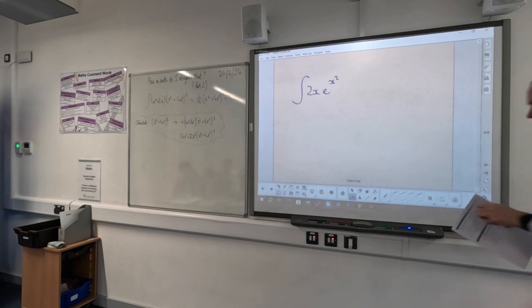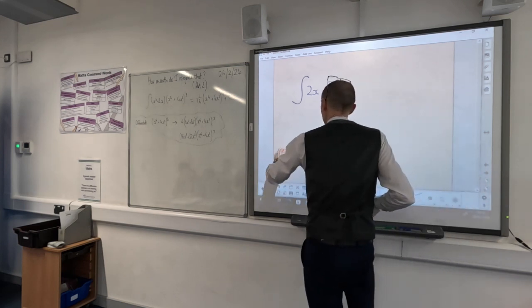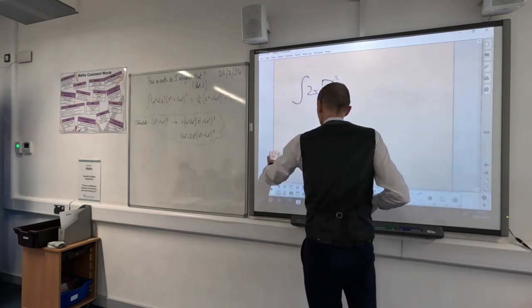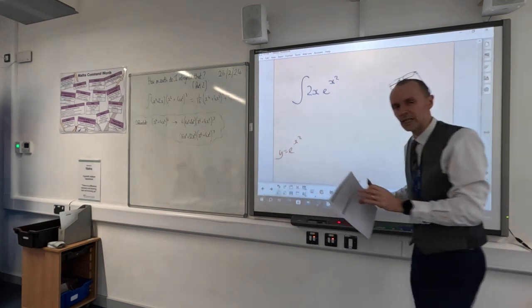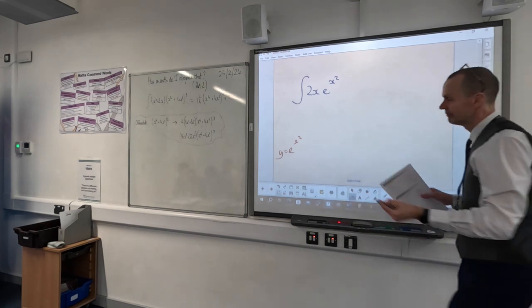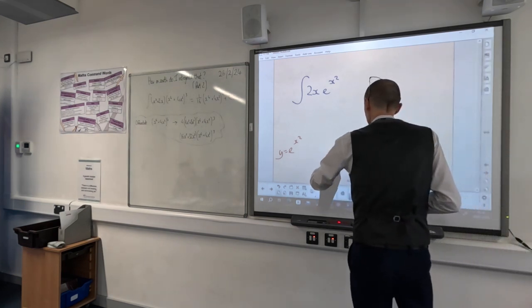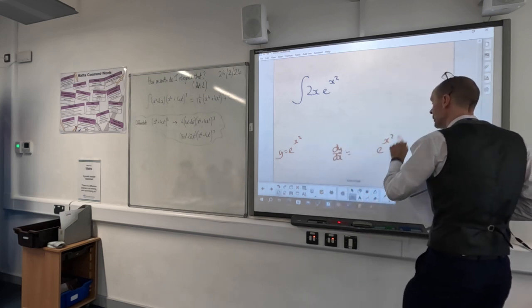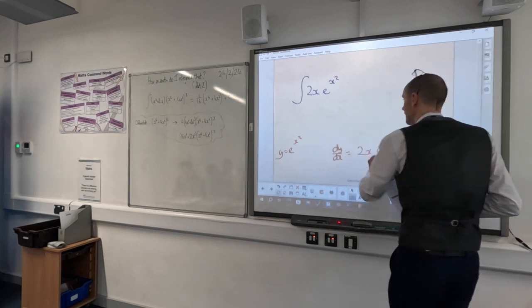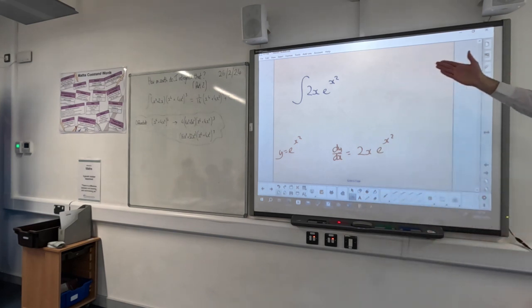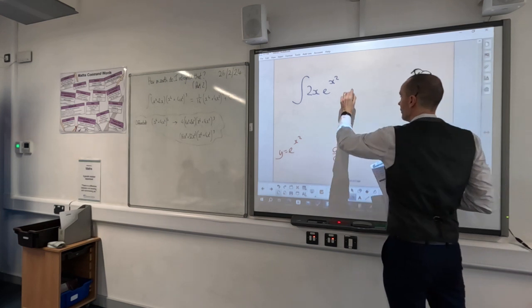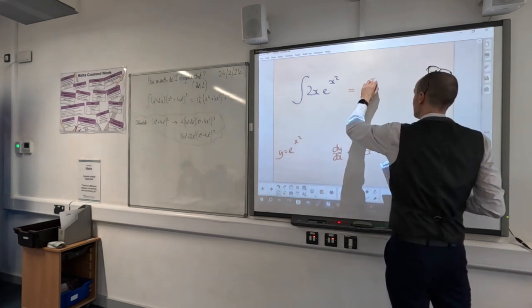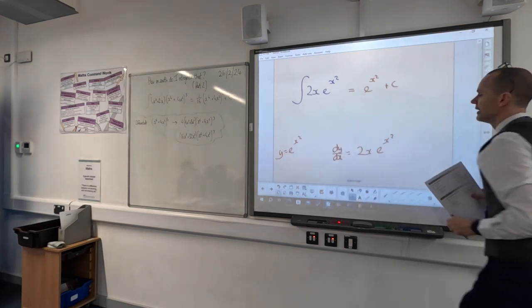What would I get if I differentiated e to the x squared? We know that the power stays the same, but we multiply by what we get when you differentiate the power. Bingo. So the answer to that one is just e to the x squared plus c.